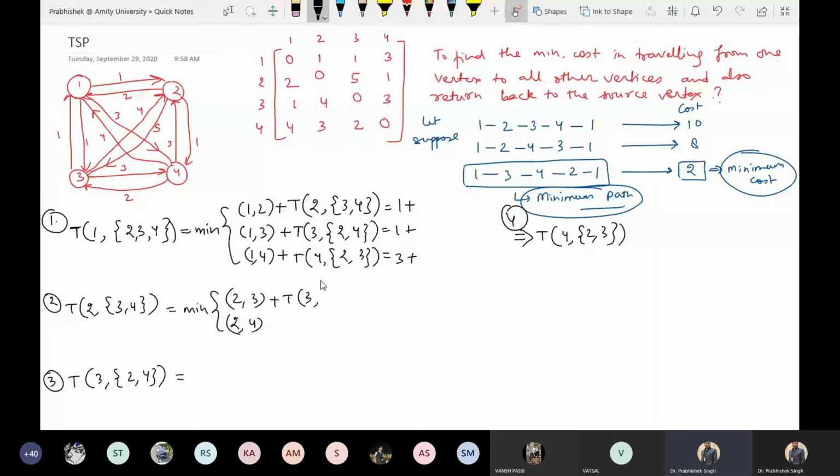Since you are standing at 3, what is your option now? Only one option is there. Now you can go to 4. Okay, this is what you can do from here.